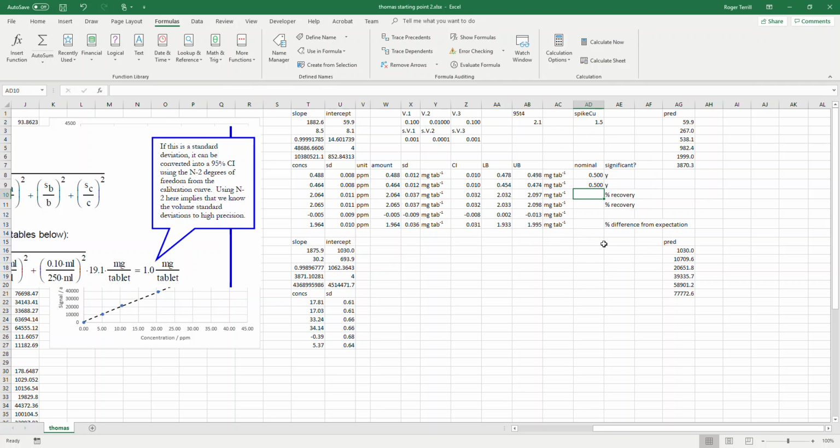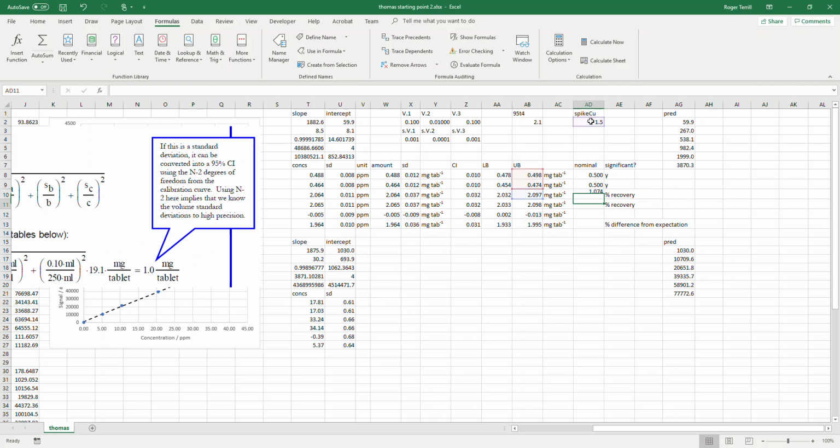And then the percent recovery is going to equal that minus the average of these guys, divided by that guy, right?